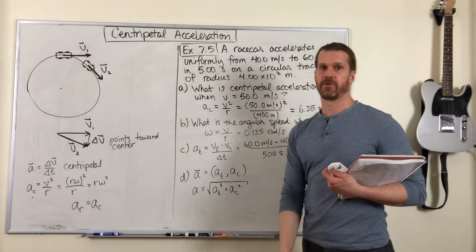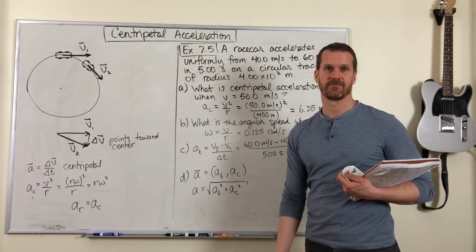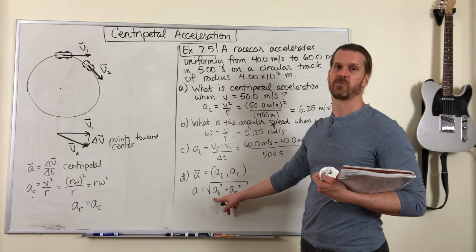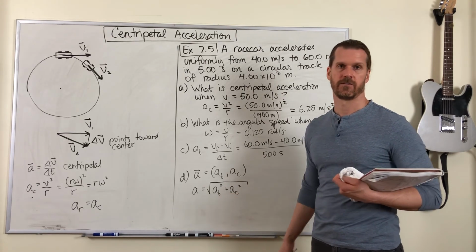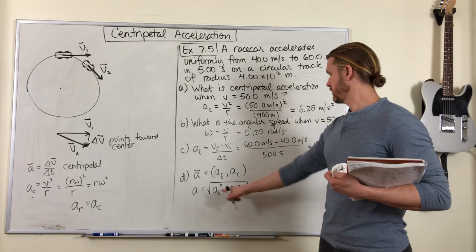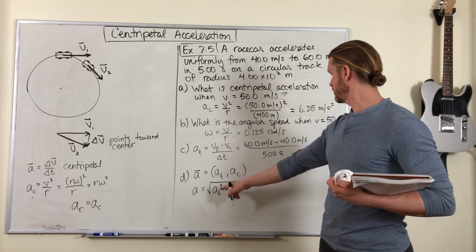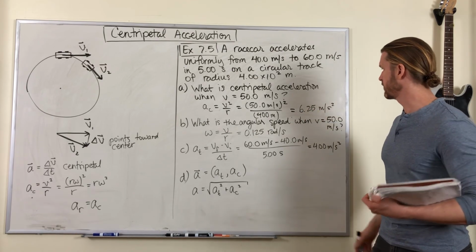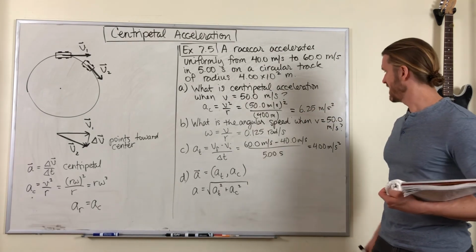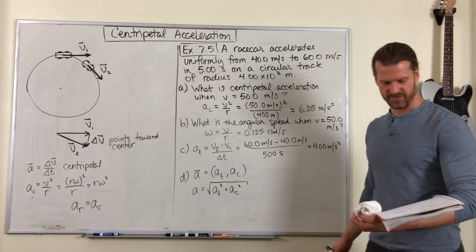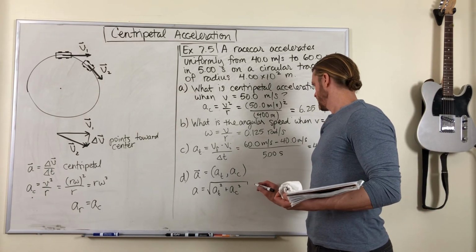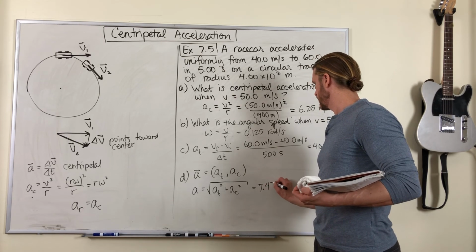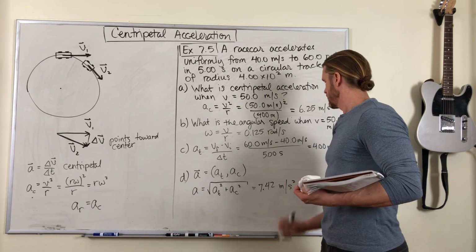It's the same thing we did with our x, y components for other types of vectors. Now we're just saying instead of x and y, we have tangential and centripetal. So just plug in the values that we calculated here. We've got 4 meters per second squared for tangential. We have 6.25 meters per second squared for centripetal, and that gives you 7.42 meters per second squared.